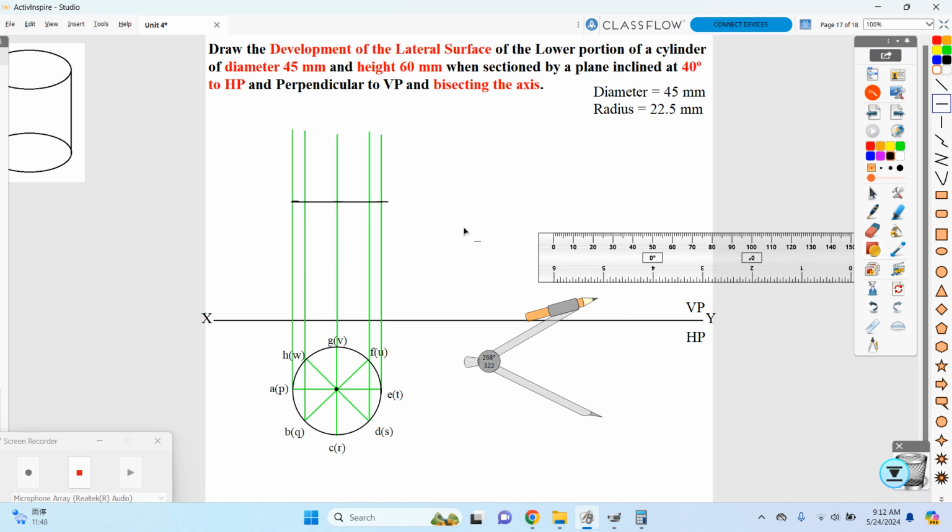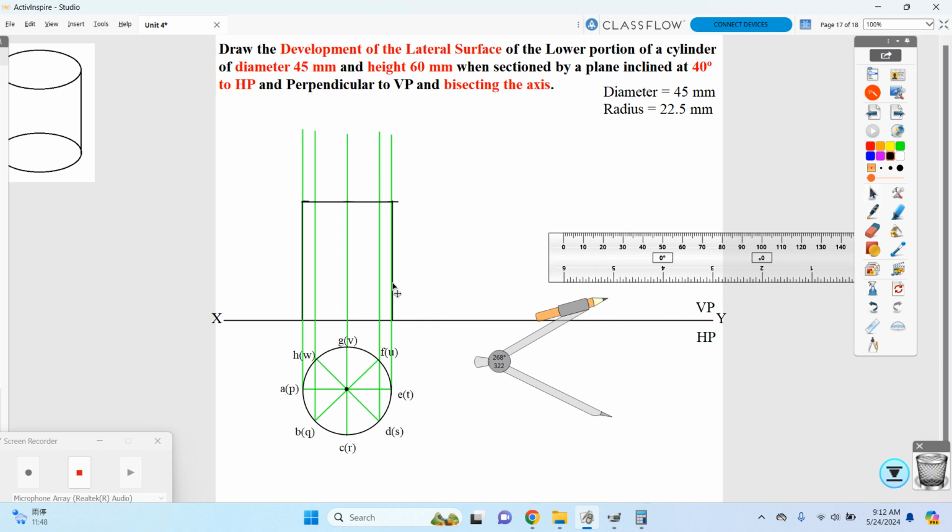Okay, I have joined all the points, and I have developed my front view of my cylinder. So this is your front view.